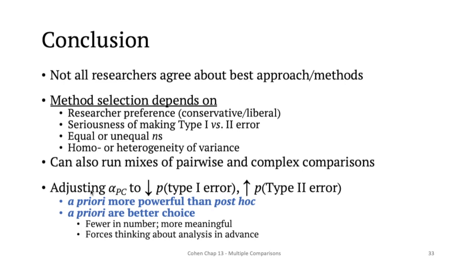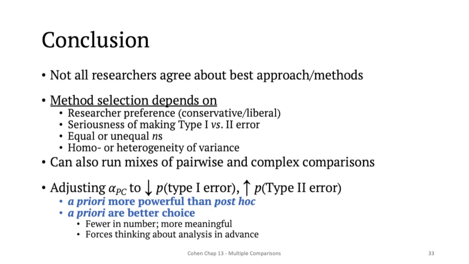Last thing to note is anytime that you are adjusting your pairwise comparison rate, so for example, if we lowered it, it would lower our type 1 error probability, but that in turn would increase our type 2 error. So any adjustment you're making to your alpha level is going to impact both error rates.